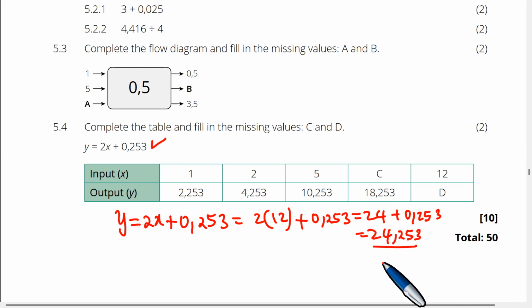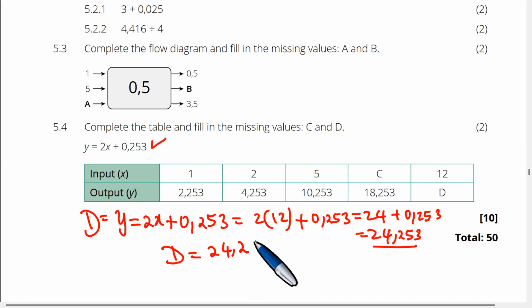So in other words, when you substitute the value here, you realize that the output is Y and Y is D. So Y is D, which is 24,253. So D is exactly 24,253.